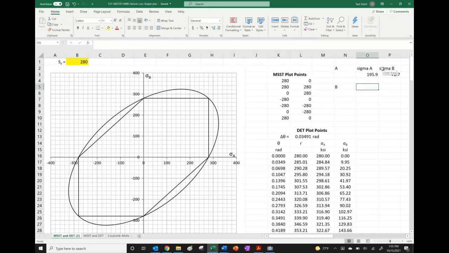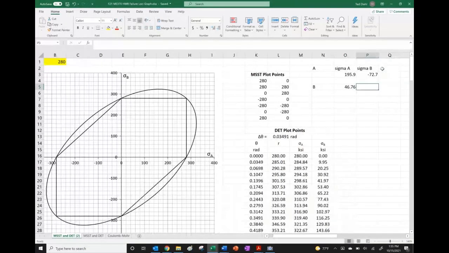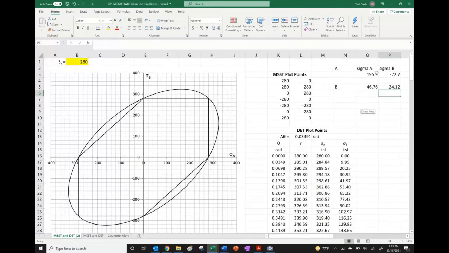We found this was 46.76, and we had negative 24.12. And how do I want to do that? I'm going to go 0 and 0 here, and 0 and 0 there.